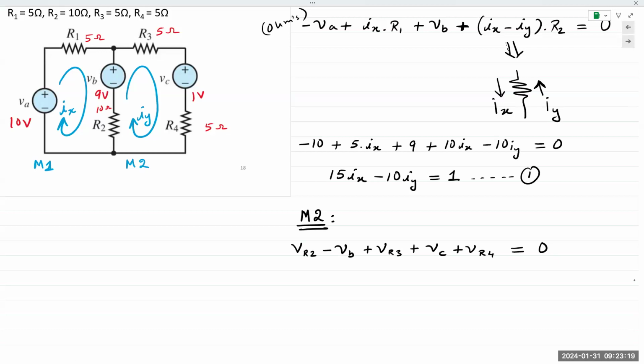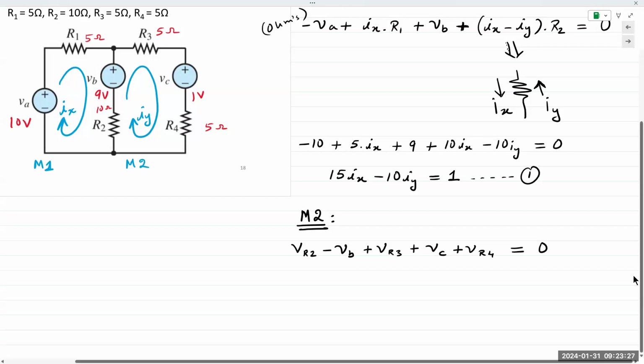Okay. Account for all 5 voltages. So first count the number of components in the loop, and then you have to have that many quantities in your equation. So VR2 minus VB plus VR3 plus VC plus VR4 sum up to 0.